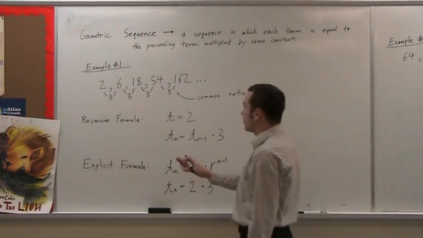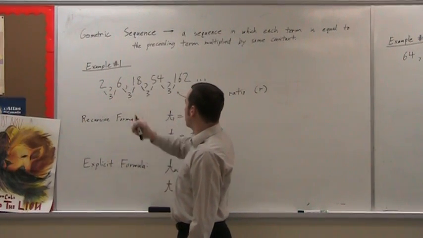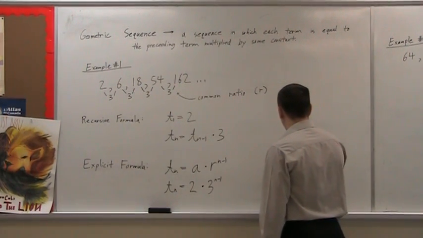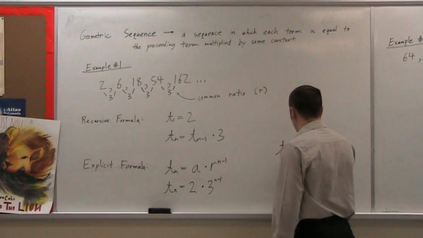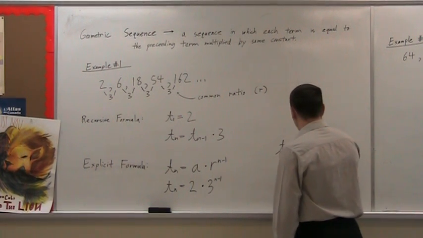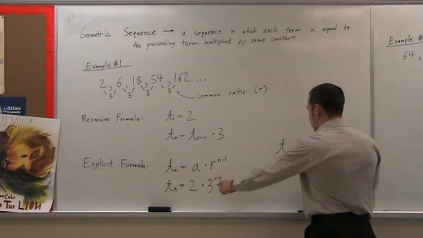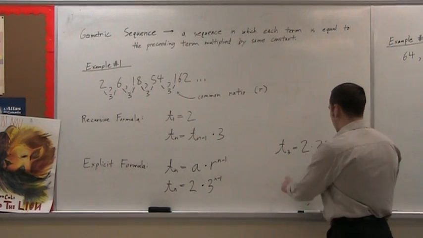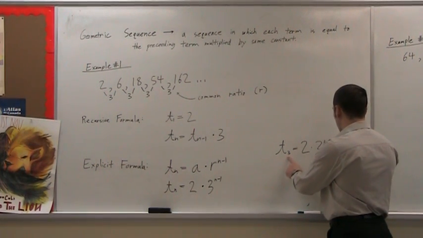Let's take the third term in this sequence. Our third term is 18. So we fill that into our explicit formula: T3 equals 2 times 3 to the power of 3 minus 1.